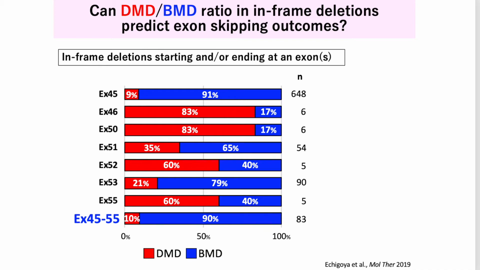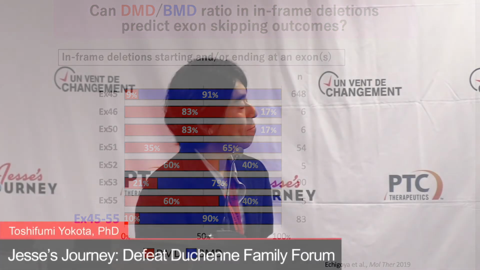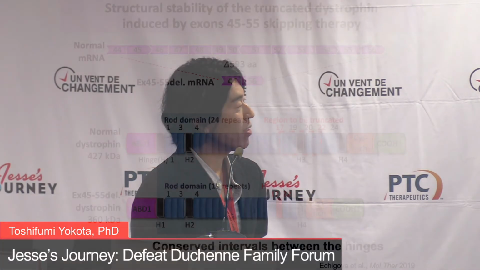And part of the reason, this is just speculation, but if you have exon 45 to 55 deletion, that means you have a deletion of spectrin repeats. So this is a particular protein structure here.